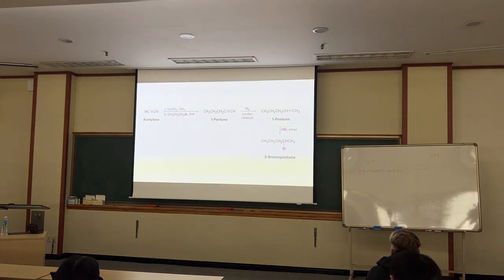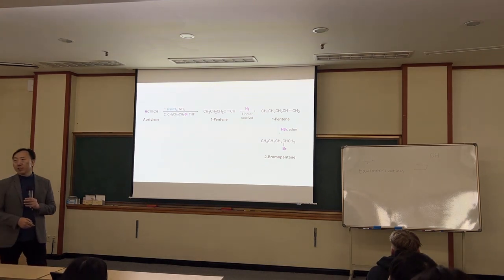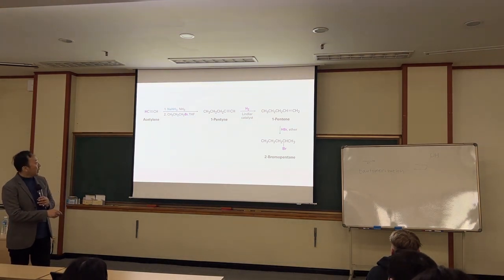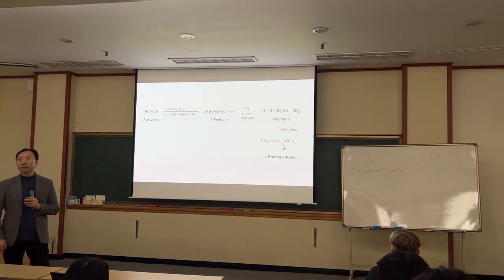So first step, deprotonate, alkylation, and with the Lindlar catalyst double bond, and you will get the cis product. And then actually it doesn't matter in any case. So the two reactions give you the same product. There is no second chance. And HBr.